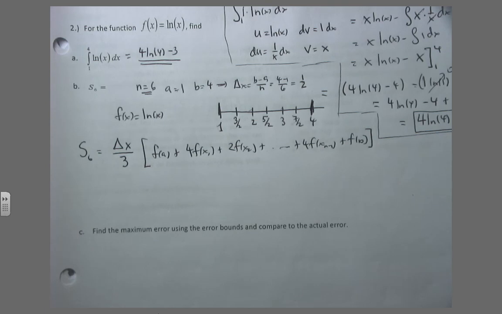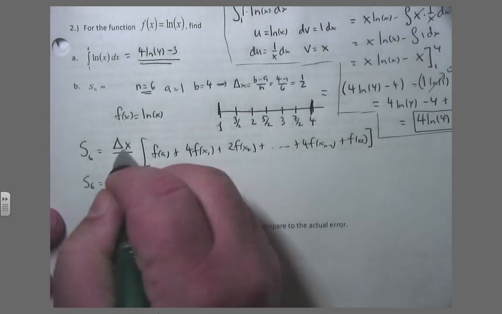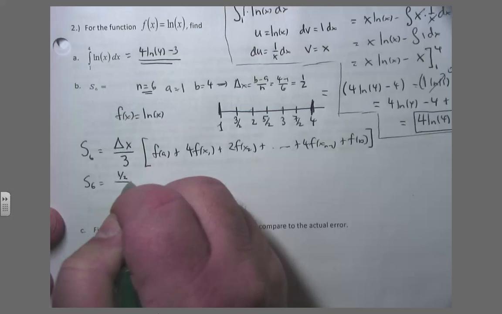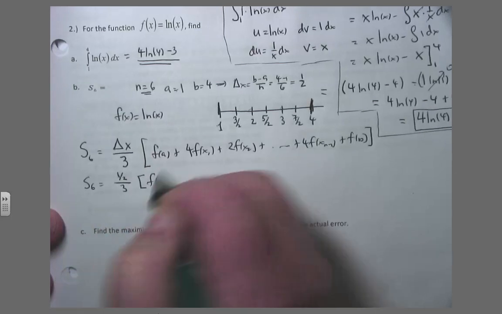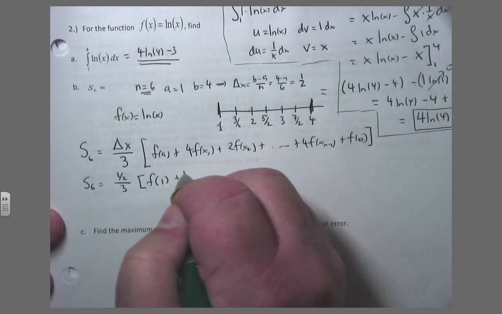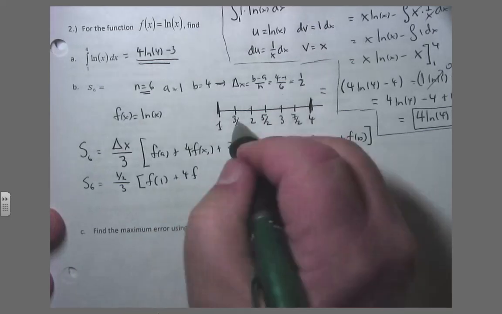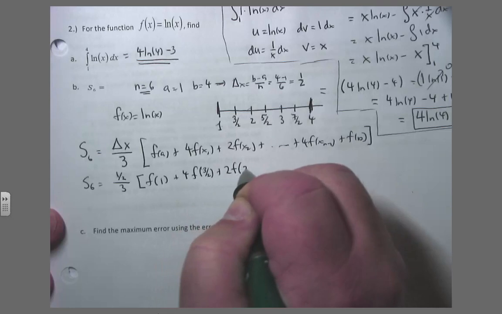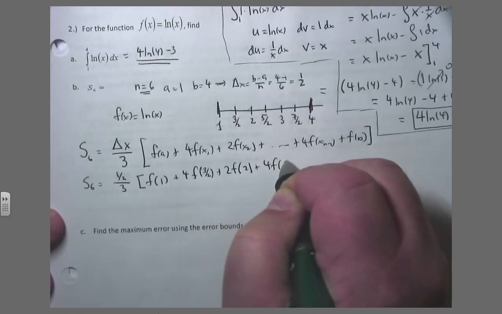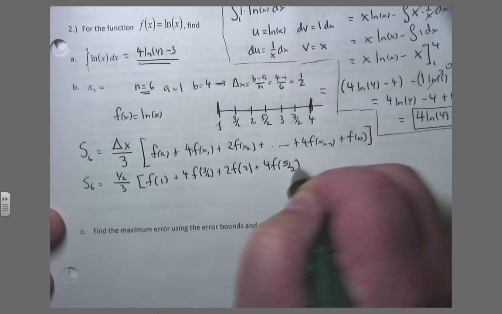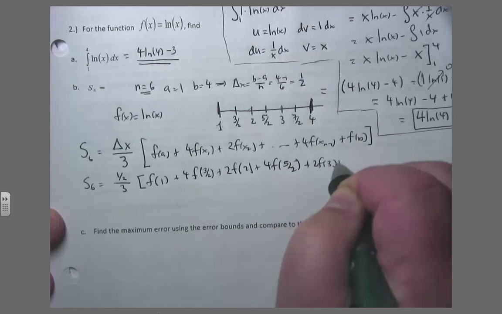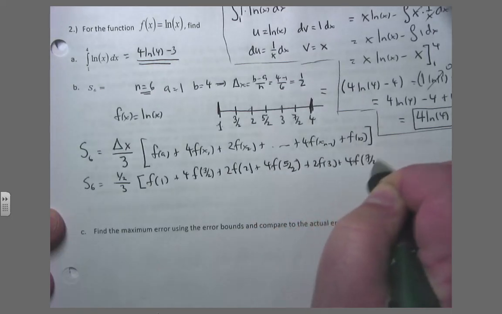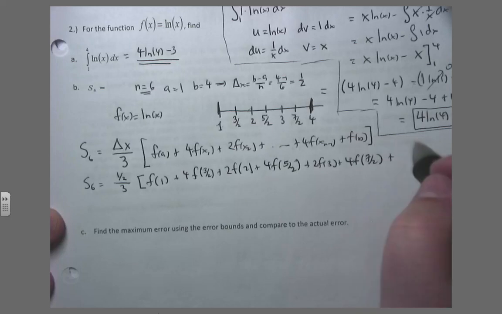Now plug in what you know here. To calculate S6, your delta x is 1/2, divided by 3, times f of your first point, which was 1, plus 4 times f of your first internal partition point, which is 3/2, plus 2 times f of 2, plus 4 times f of 5/2, plus 2 times f of 3, plus 4 times f of 7/2, plus your end point, f of b, f of 4.